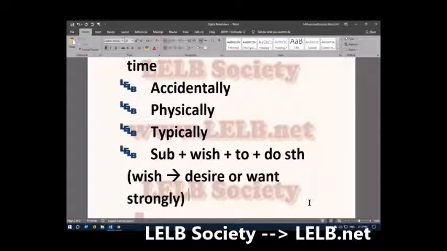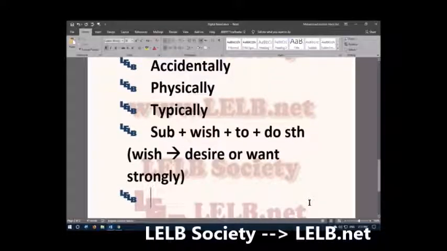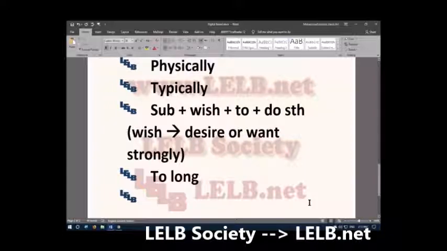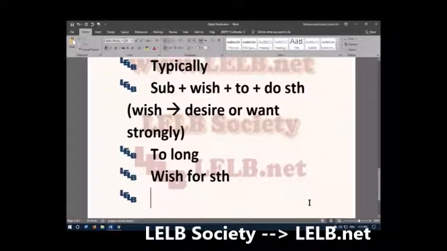Also, you could say long to do something. Long could be used as a verb, to long. Okay, or you could say wish for something. Wish for something. It means want or desire something very much. However, wish could be used in another structure.